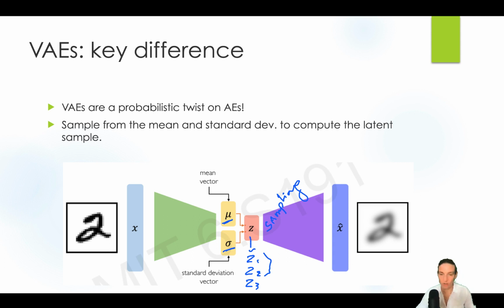So depending on the size that you set for Z, you will have a combination of different probability distributions, each of them hopefully representing a particular feature of your original image. Whenever you reconstruct, you sample from each distribution using mu and sigma as your mean and standard deviation. So Z1 could be mu, Z2 could be sigma, etc. of the first probability distribution, and it'll continue down the line.